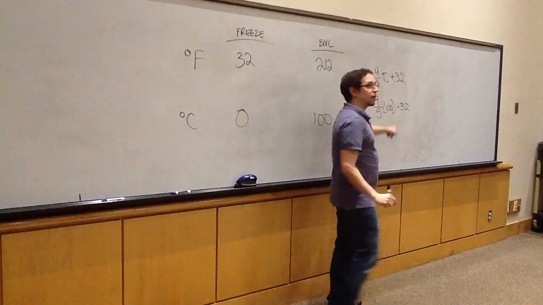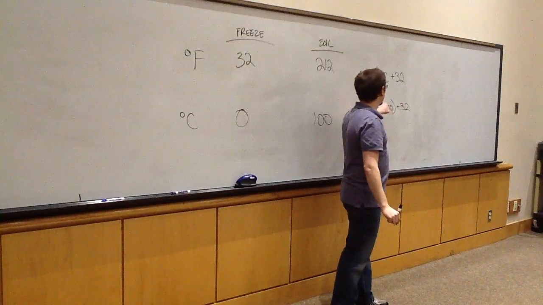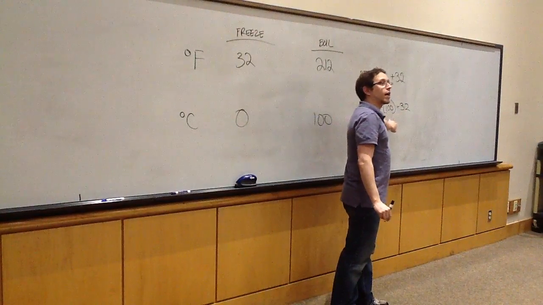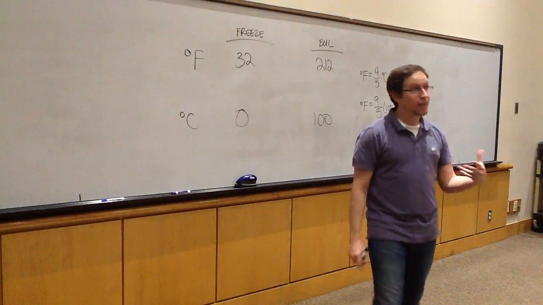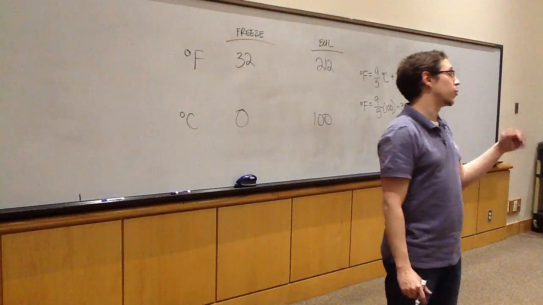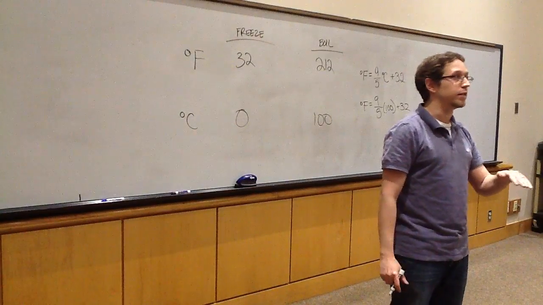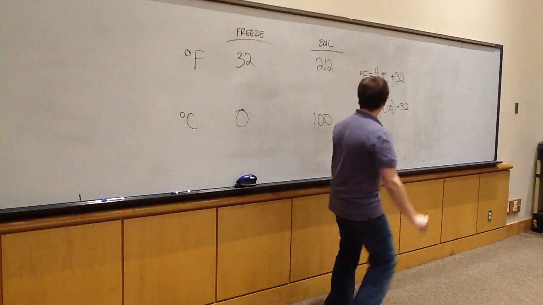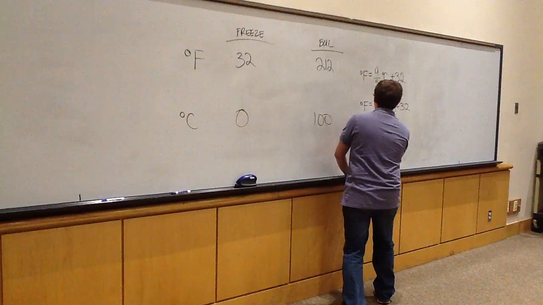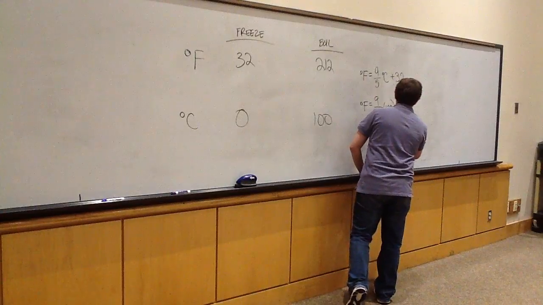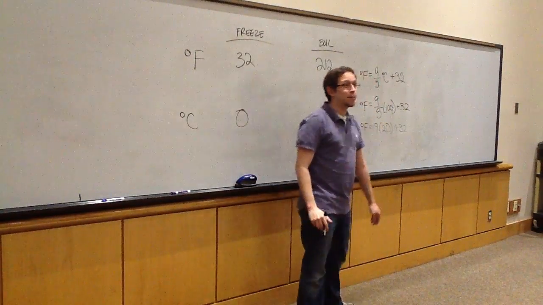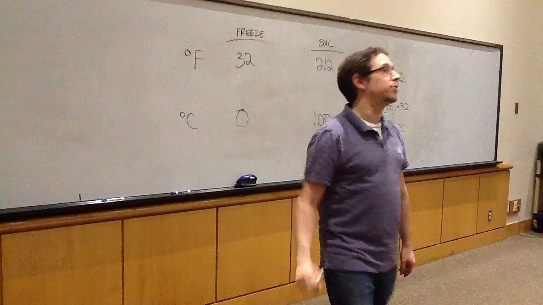Now, in this particular instance, I can either multiply the 100 by 9 first, or I can divide the 100 by 5 first. I'm going to divide by 5 because I know what 100 divided by 5 is. It's pretty easy. It's 20. So, degrees Fahrenheit equals 9 times 20 plus 32. 9 times 20 is the same as 9 times 2, but with a 0 at the end.